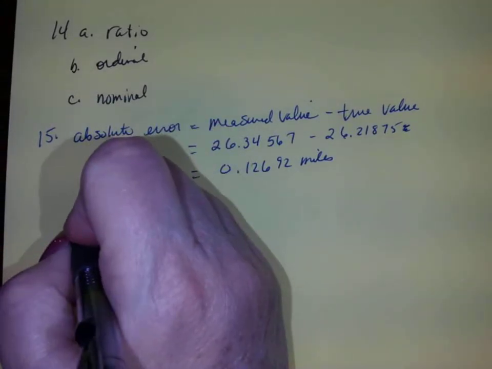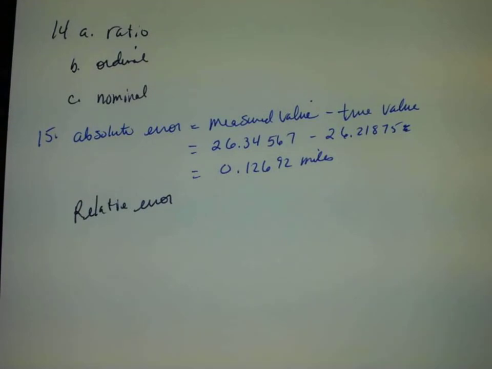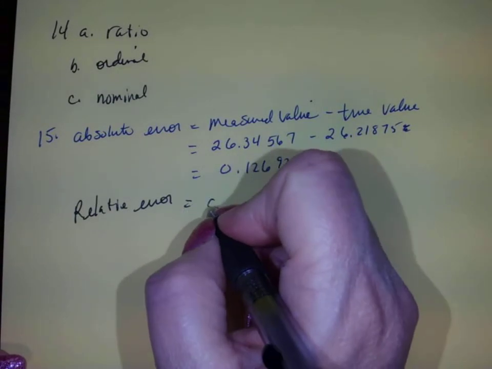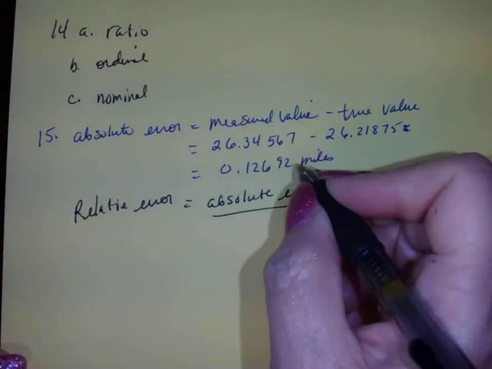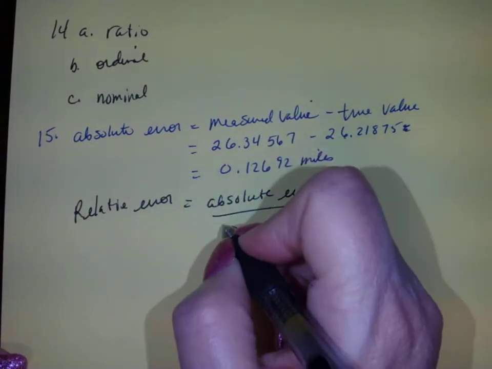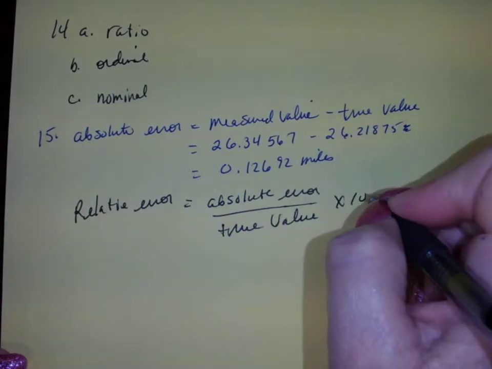Now we need to find the relative error. If you recall, the relative error is going to be the absolute error divided by the true value, and then times 100%.